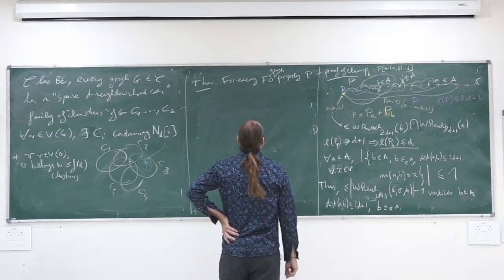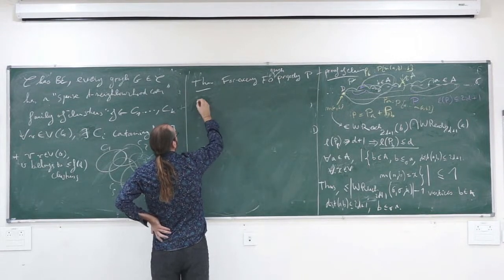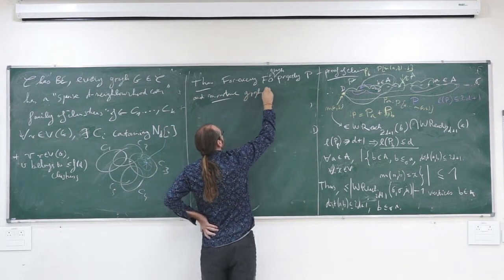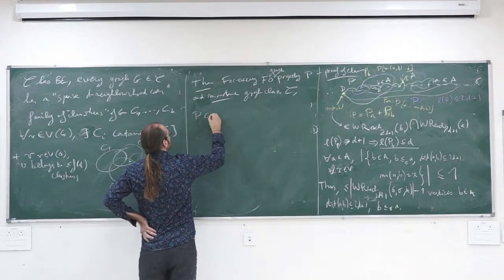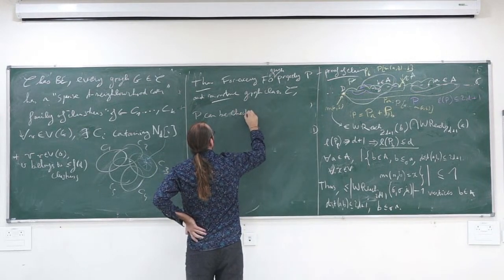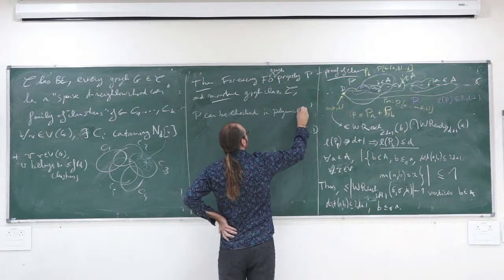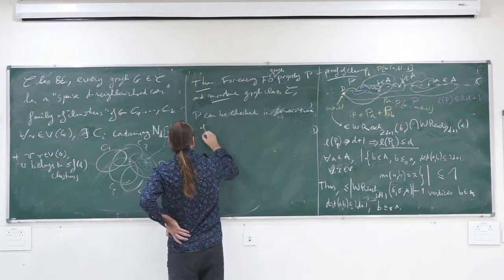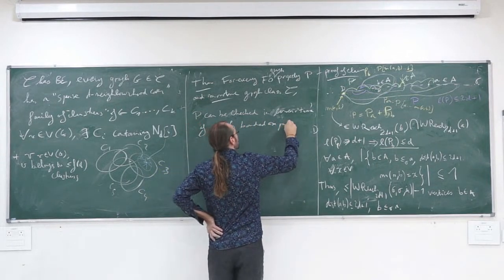First, P, and a monotone graph class C. So P can be decided in linear time if C has bounded expansion.